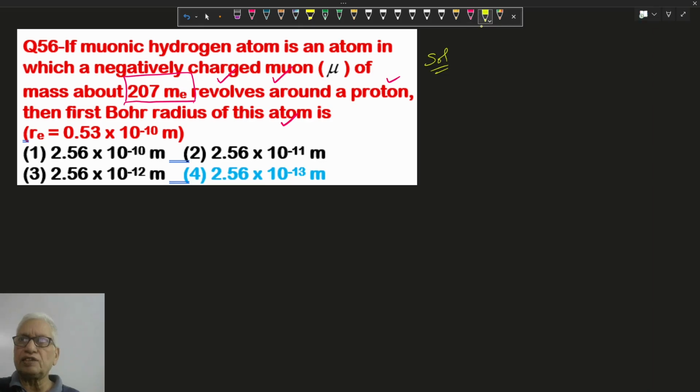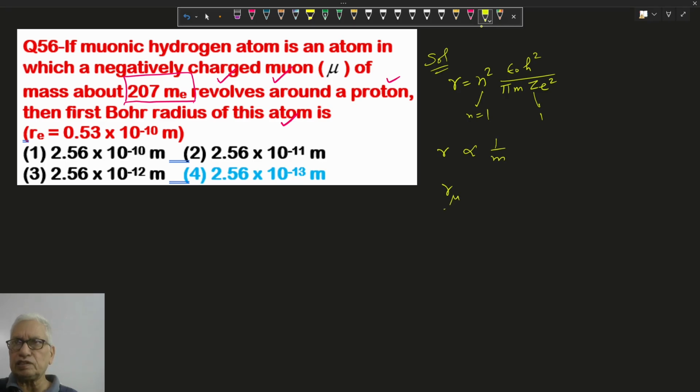The formula of radius is n square epsilon naught h square divided by pi m z square. For the hydrogen atom everything is the same: n is 1, z is 1, and h, epsilon naught, e square, pi are all constant other than mass. So the radius is inversely proportional to mass.